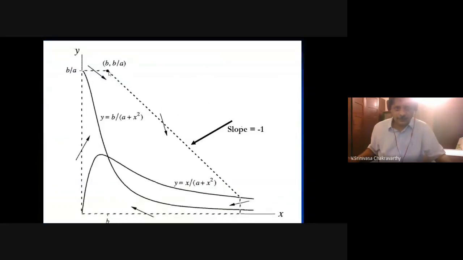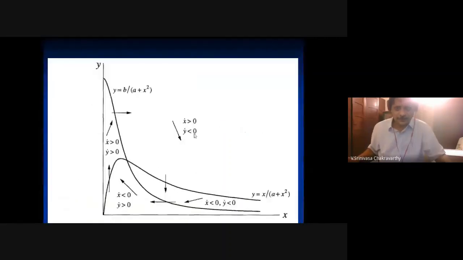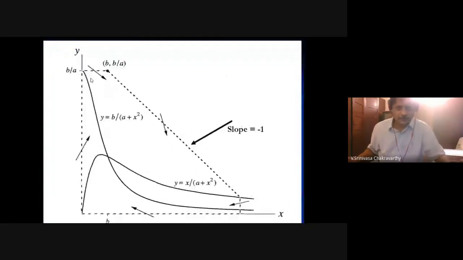So I take up to this point, and in this whole region y dot is negative. That means arrows are pointing inwards. So up to this point, on this horizontal line, the arrow is pointing inwards. Therefore that is satisfied.